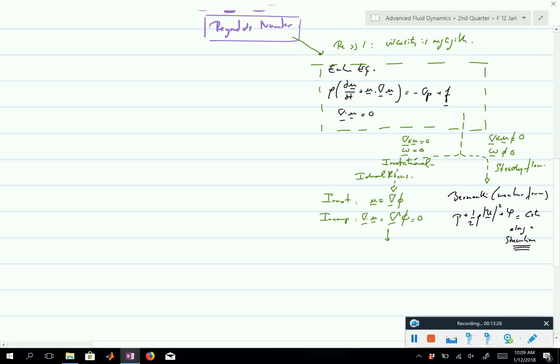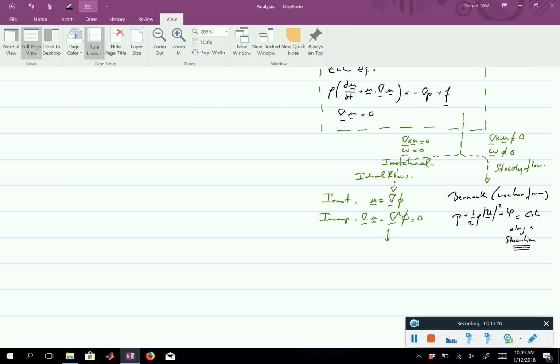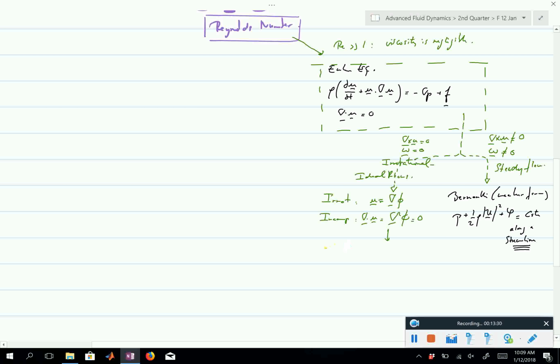So that is true, and with this potential you can write the unsteady Bernoulli equation. That is partial phi over partial t plus 1/2 rho times the velocity squared.